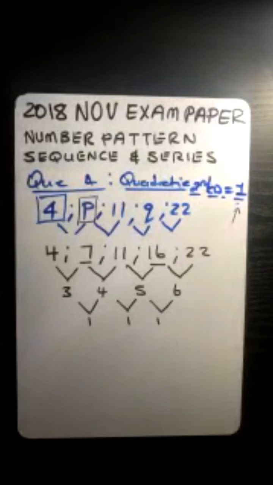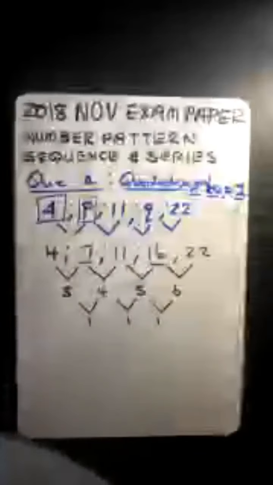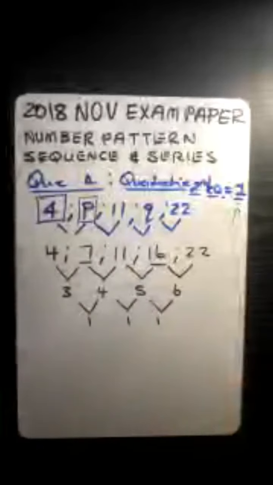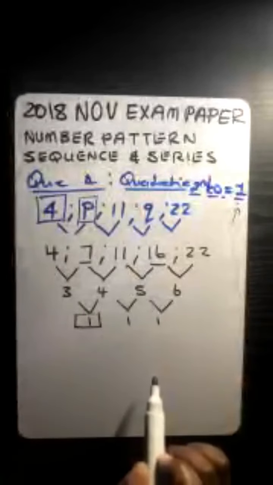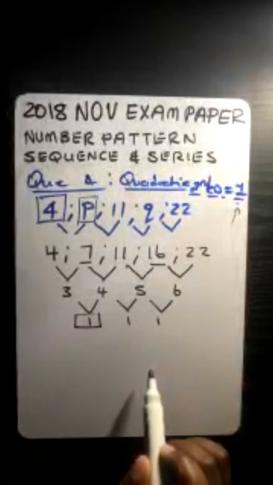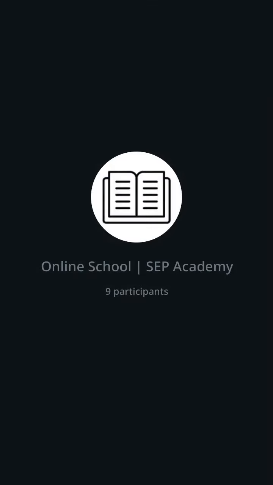Okay, so the next question says, determine the general Tn of the quadratic pattern, and this question is allocated 4 marks. Easy. But remember, guys, we said this one is equated to what? Is it 2a? Yes, sir, 2a, being what?